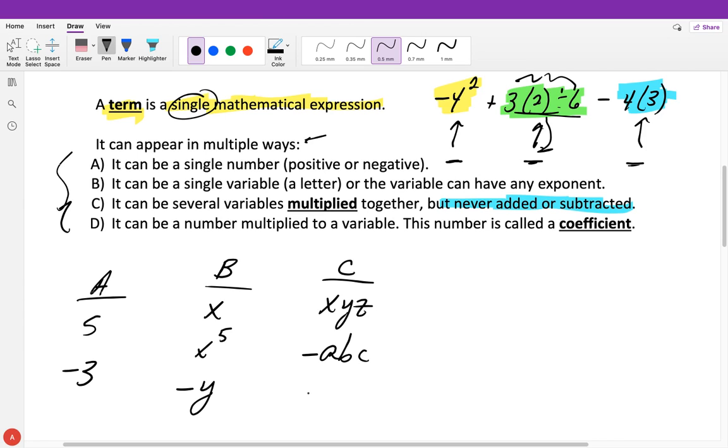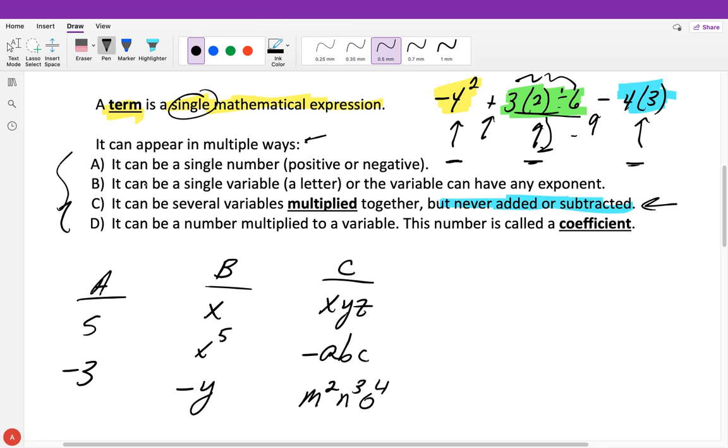We can have, let's say, m squared n to the third o to the fourth power. All of those are still just considered one term, because the only thing happening in between them is multiplying. And remember, it's addition and subtraction that separate our problem into new terms. That's why here we say can never be added or subtracted.